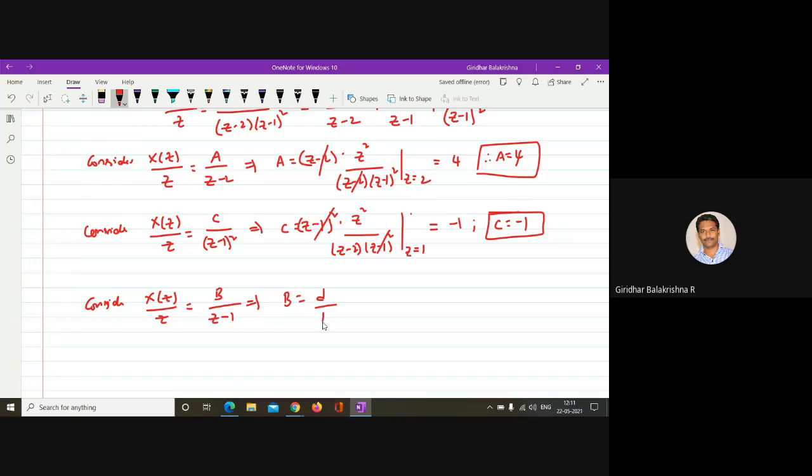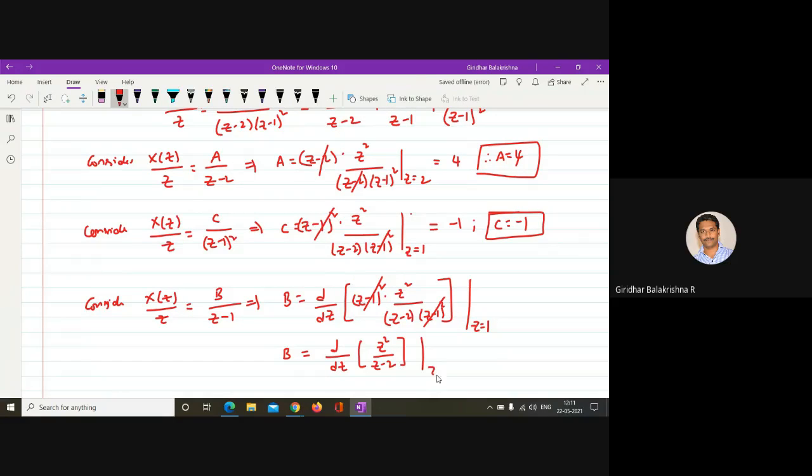B equals d by dz of (z minus 1) whole square into X of z by z, where X of z by z is z square by (z minus 2) into (z minus 1) whole square. After differentiating, you need to replace z with 1. So (z minus 1) whole square gets cancelled. Therefore it will be d by dz of z square by z minus 2 at z equal to 1.